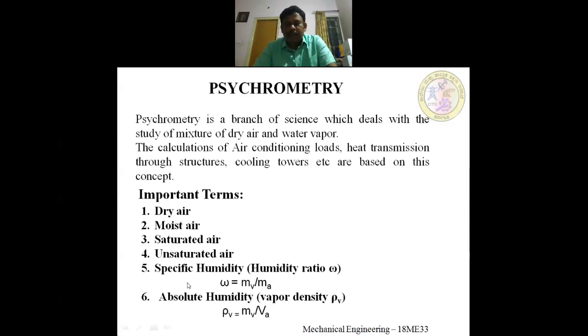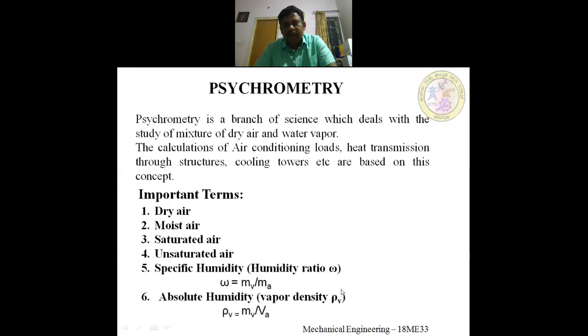The next definition, specific humidity, also known as humidity ratio omega, is defined as the ratio of mass of water vapor to the mass of dry air. The unit will be kg per kg of dry air. Once again, specific humidity is the ratio of mass of water vapor to mass of dry air.